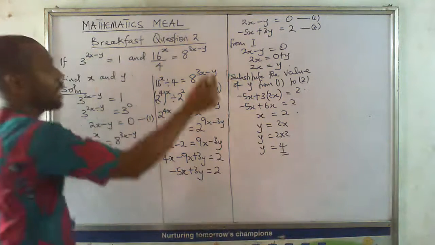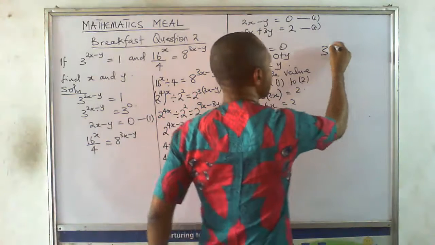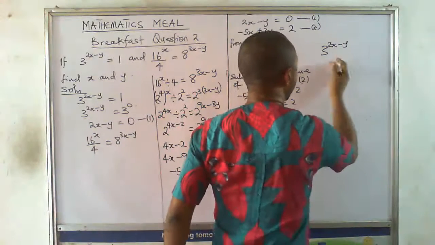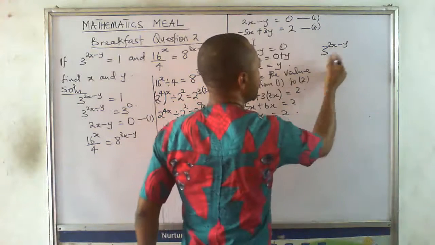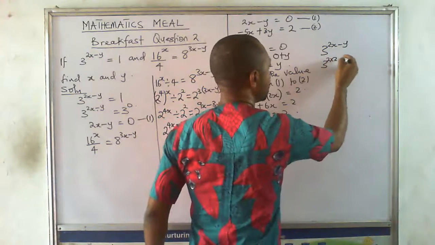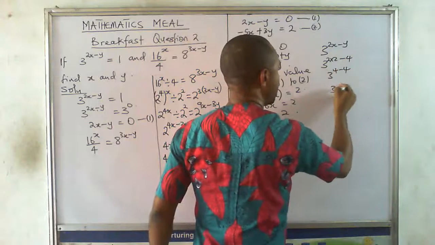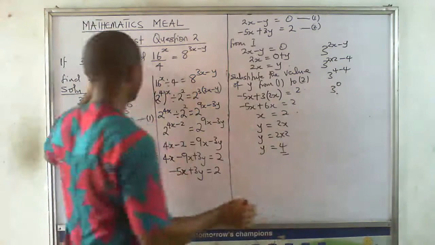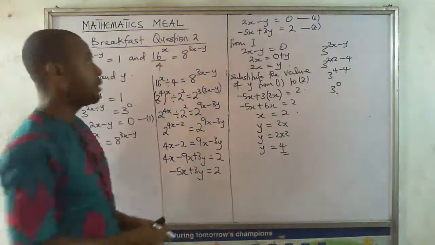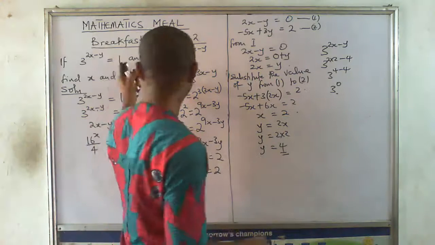So if I have 3 raised to the power 2x minus y, and x is 2, y is 4, this will be 2 times 2 minus 4, 4 minus 4, 3 raised to the power 0, and 3 raised to the power 0 will give me 1.